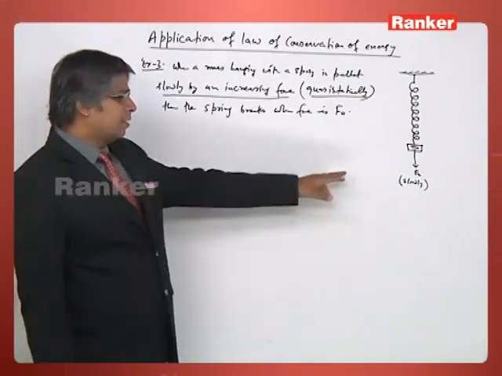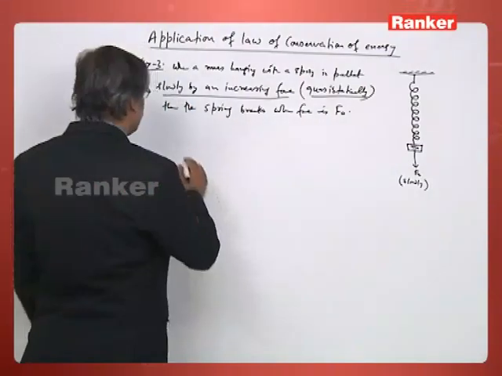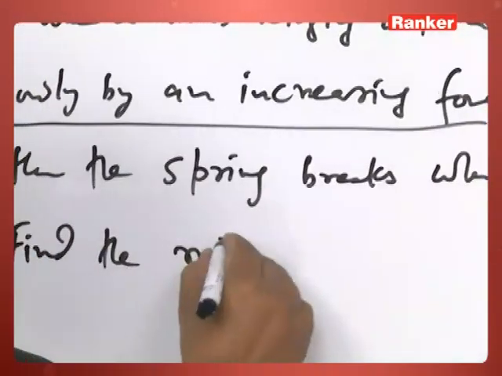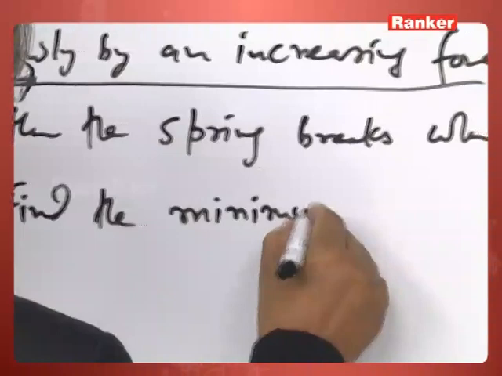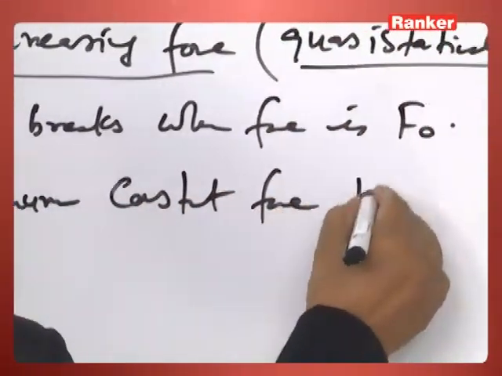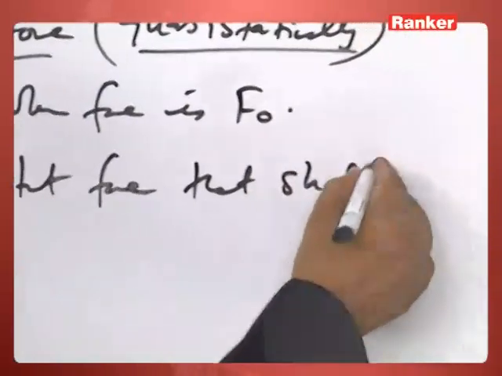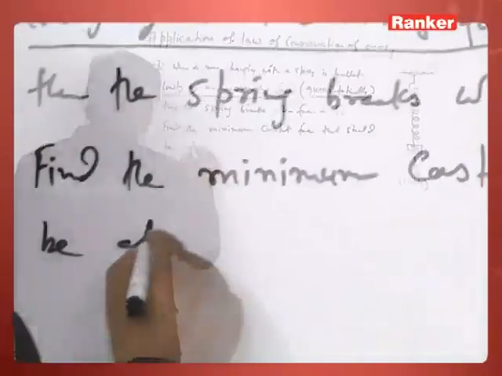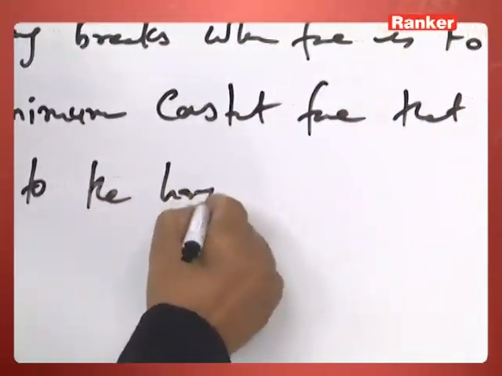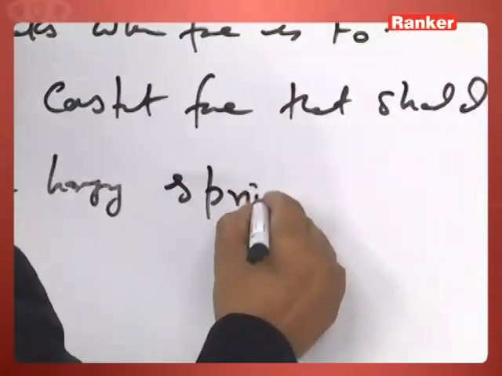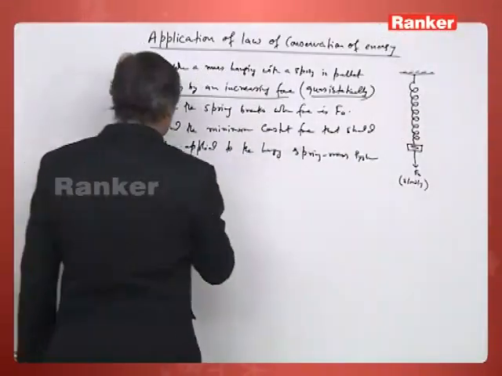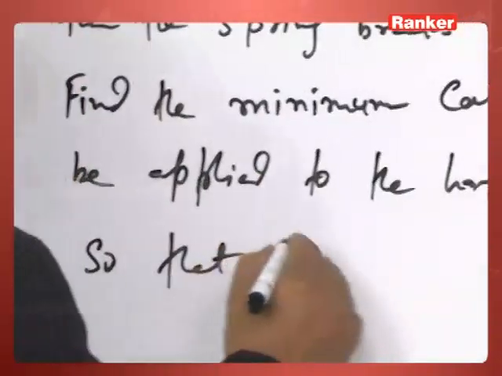So this is the breakdown position. Find the minimum constant force that should be applied to the hanging spring mass system so that it breaks.